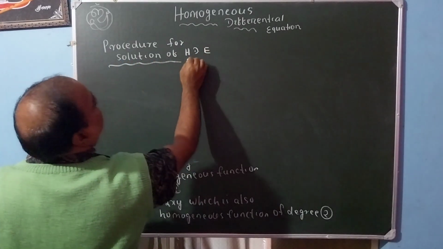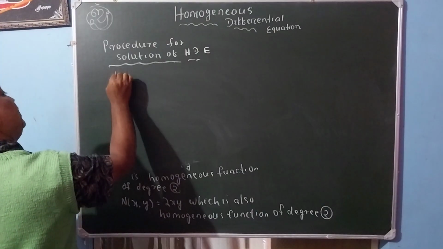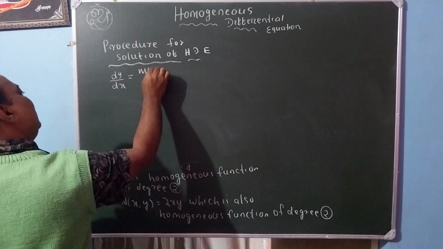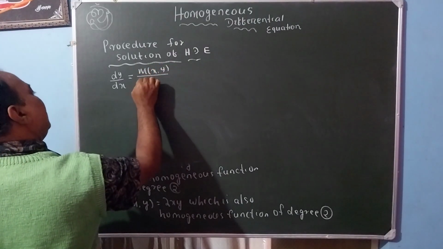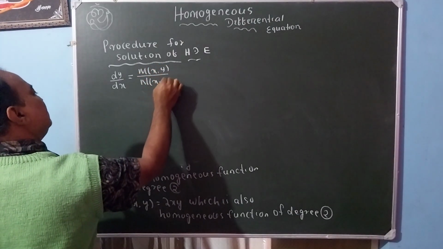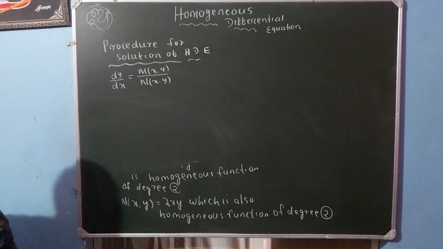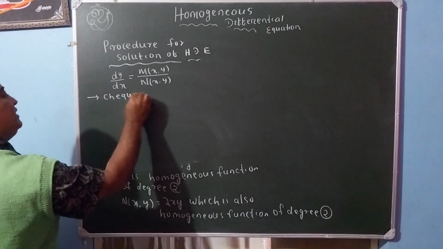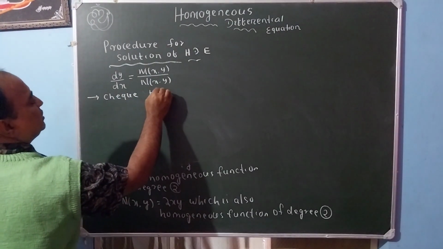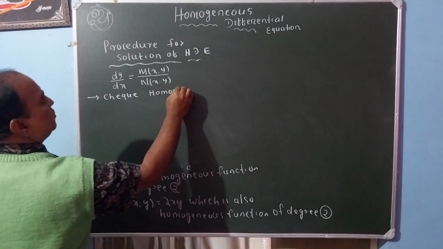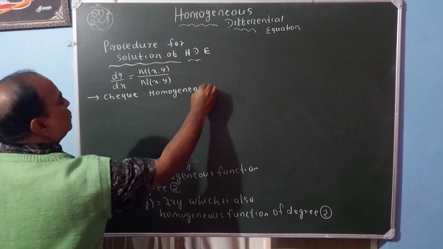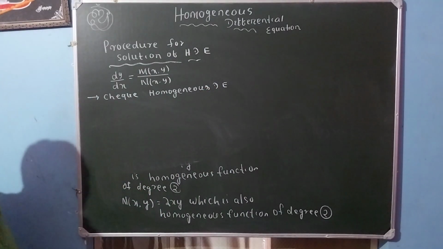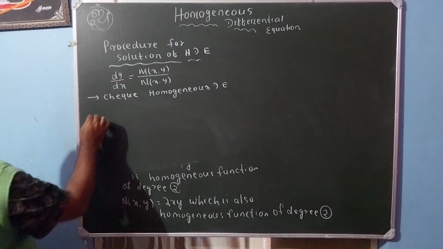Write down dy/dx = M(x, y)/N(x, y). First step: check whether it is a homogeneous differential equation.